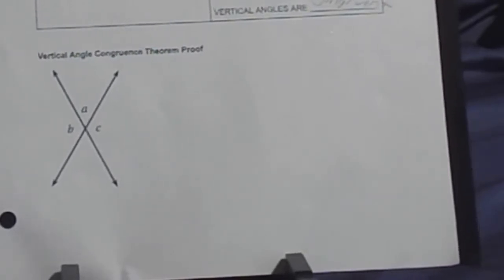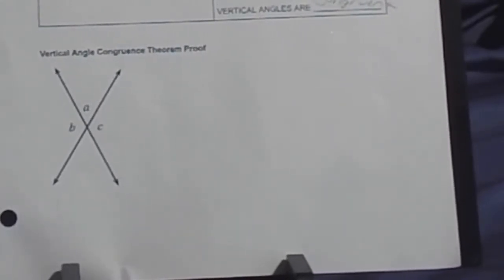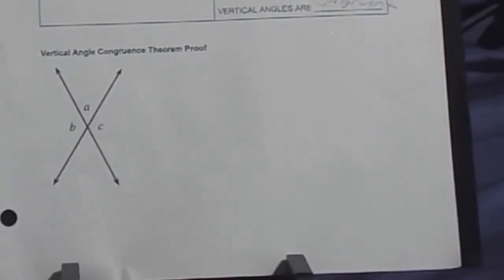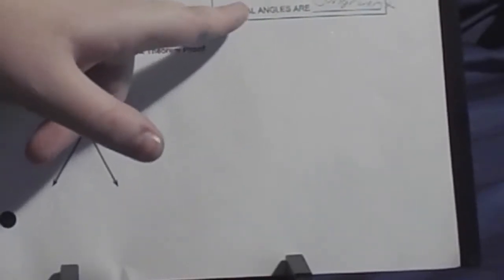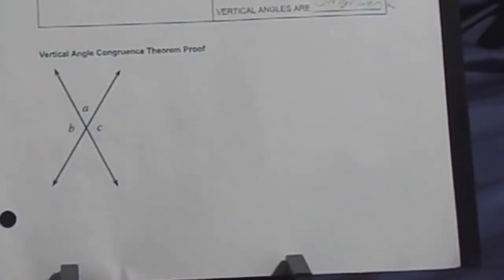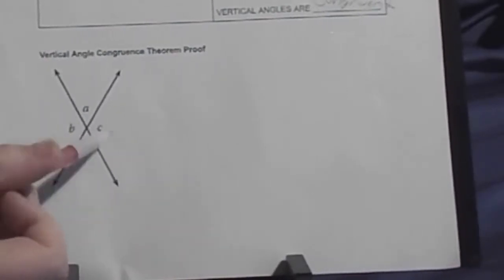So let's just use this picture. It has angles A, B, and C. It doesn't talk about this one. So what I know by looking at it, according to my conjecture, because I'm just telling you right now that vertical angles are congruent, right, is that the two that are congruent right now are B and C. So at the end, and I'm going to write at the bottom what I'm trying to prove, and I'm going to use a flowchart proof.